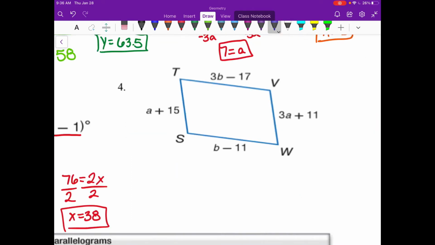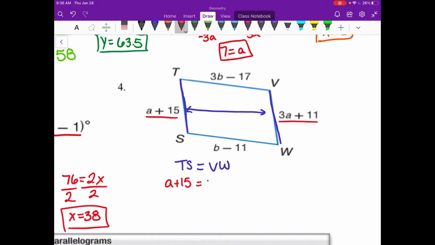Okay, number 4. Finding a and b again. I'm going to look at these opposite sides. So I'm going to start with a, I guess, and I'm going to look at these two sides, which are the same. So TS, this side, is equal to VW. Well, TS is a plus 15, so I'm going to put that here, and that's equal to VW, which is 3a plus 11.